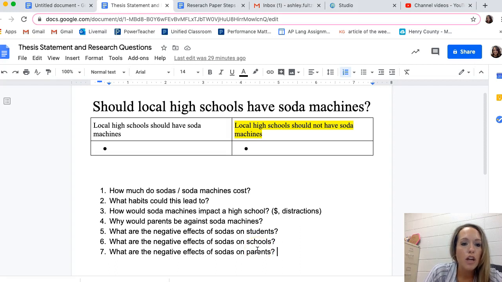Now, if you take a look at these questions, you're going to see where some of them are very similar to each other. For example, numbers 5, 6, and 7: what are the negative effects of sodas on students in number 5, schools in number 6, and parents in number 7.